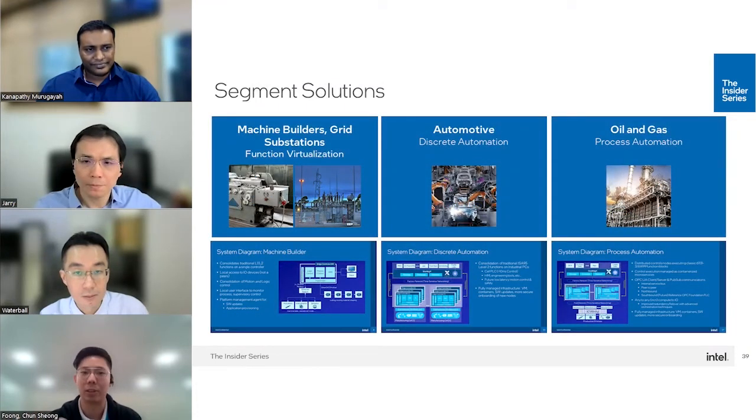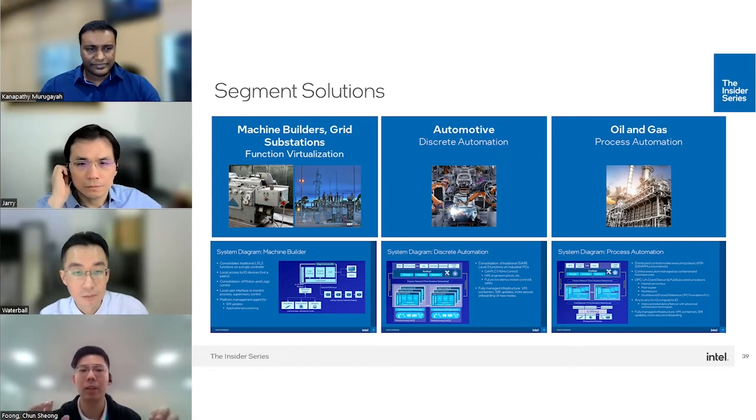It can be applied, and it has already been applied, in a wide range of applications and equipment. Initially, our focus is on three major groups: machine builders, discrete automation, such as automotive manufacturing, and process automation, which is often identified with things like the oil and gas industry.